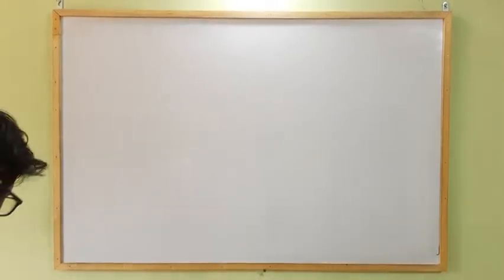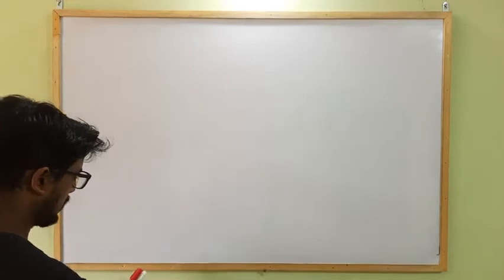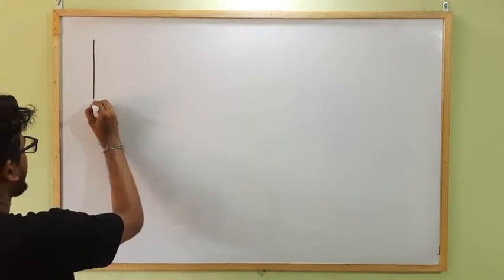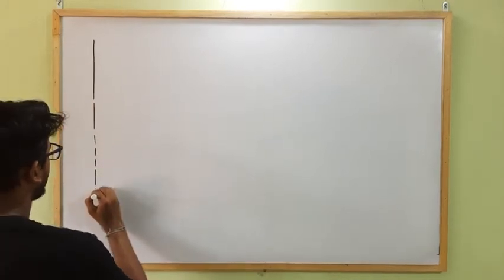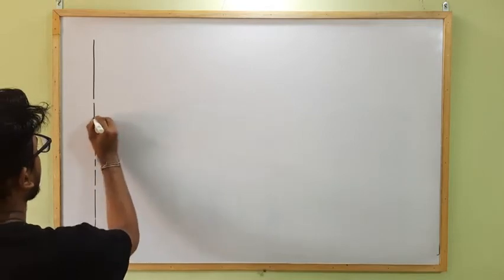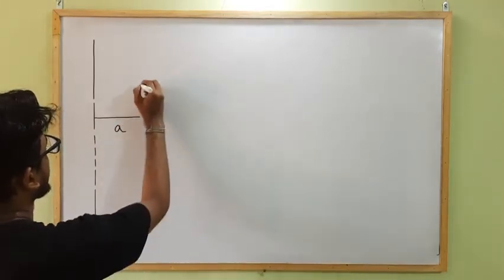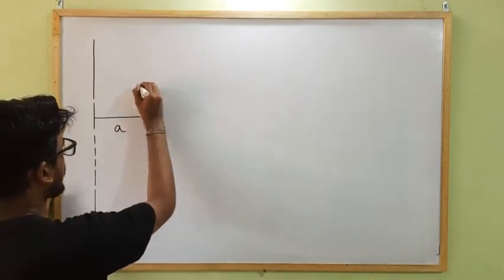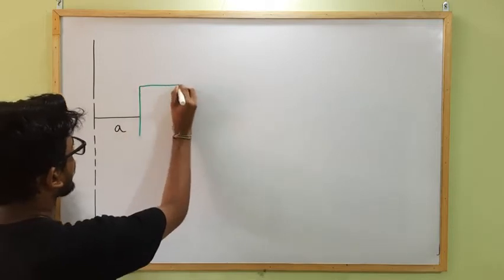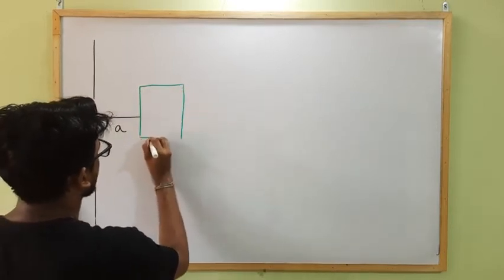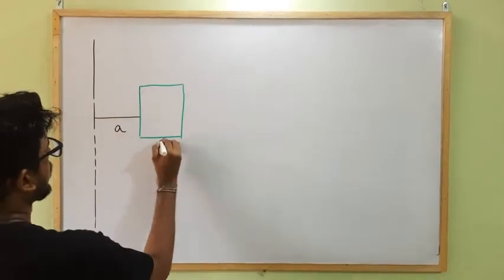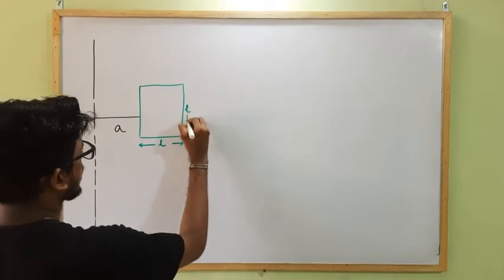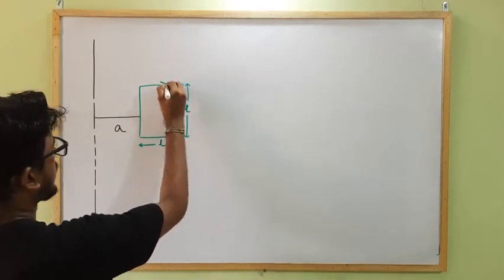So now let us consider another example. Here is an infinite current carrying conductor, and at a distance a, again there is a current carrying square loop of length L, width L, carrying current along this direction.